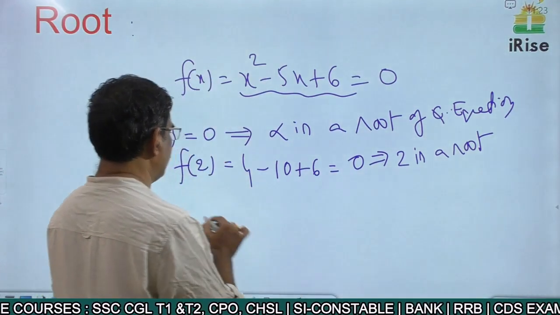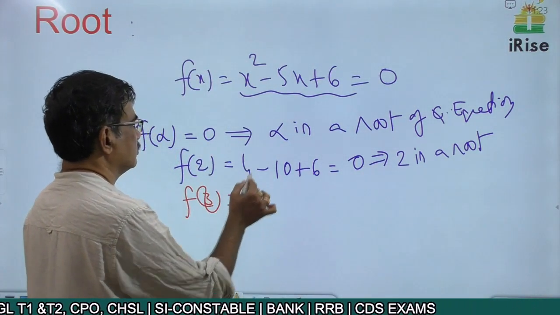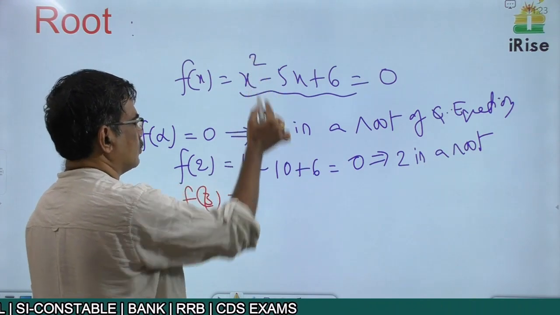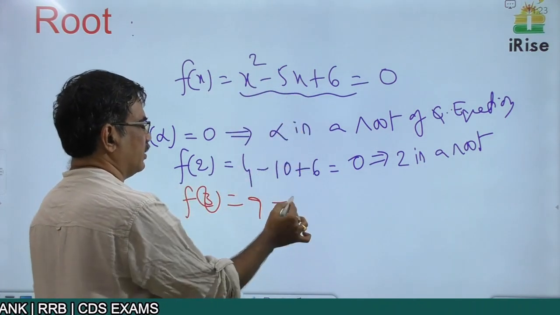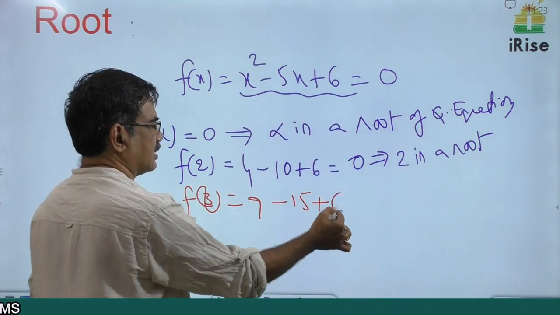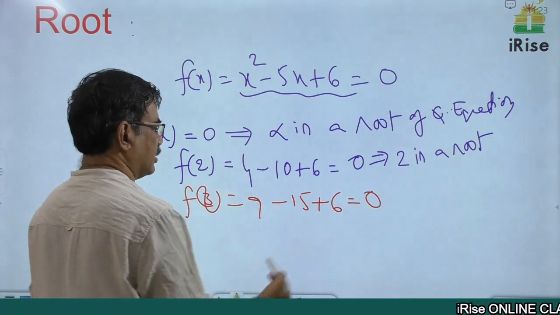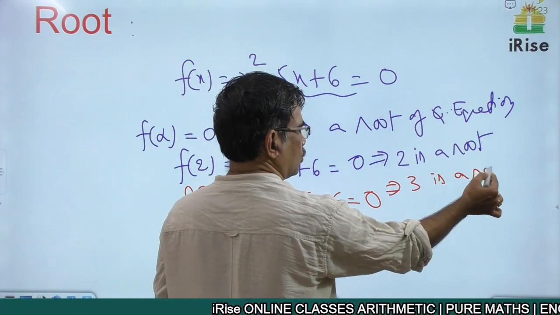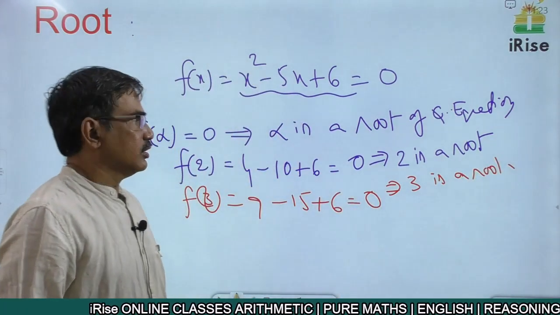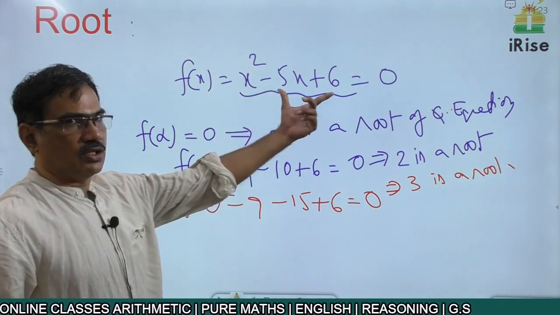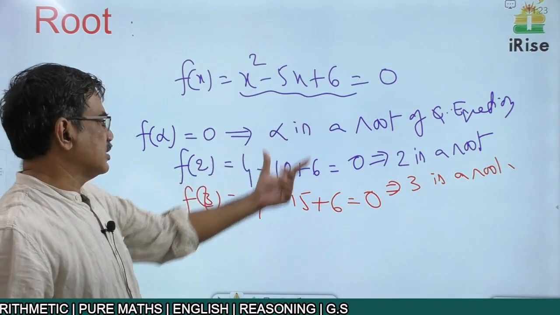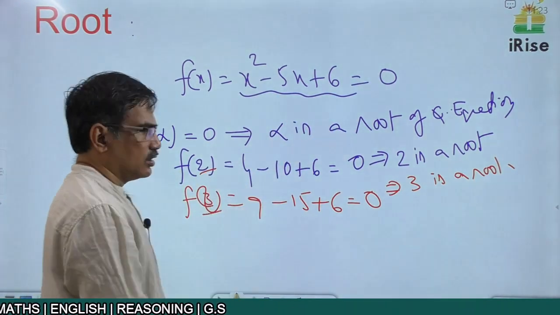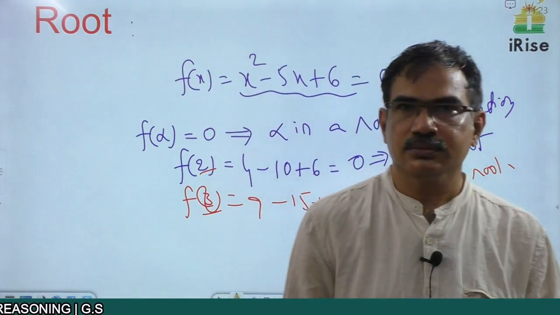Similarly, if you put 3 in this equation, 3 square 9, 3 into 5 15 plus 6 is equal to 0, this is also satisfied. So we say that 3 is a root of the equation. So if f of x is equal to x square minus 5x plus 6 is equal to 0, 2 comma 3 are the roots of this equation.